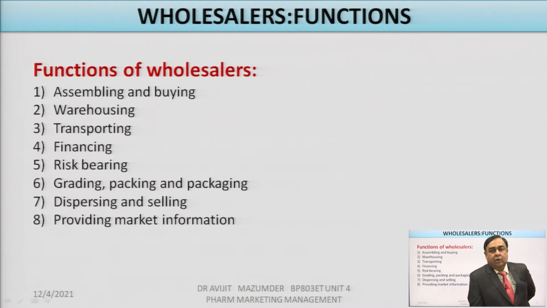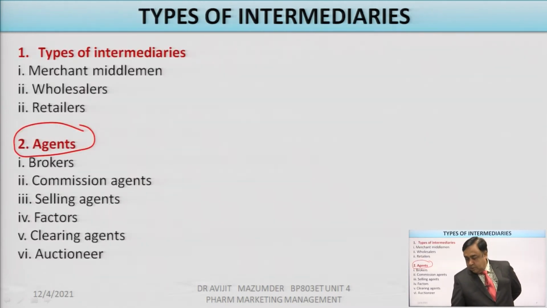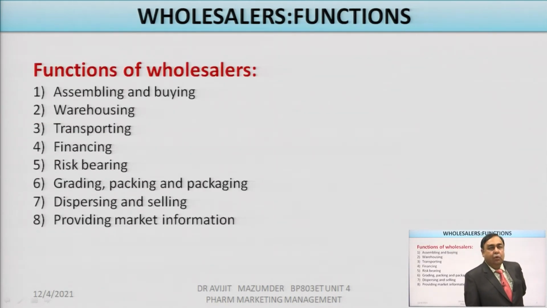First are the wholesalers. We are starting one by one. The function of a wholesaler is assembling and buying. Number 1, they are purchasing from the organization. Say Cadila is producing particular tablets.